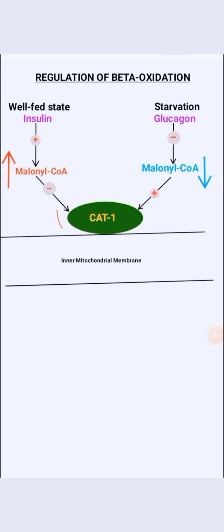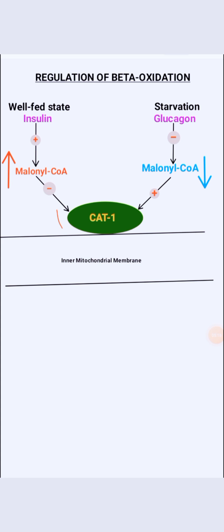So the body is made in such a way that when we are building fatty acids using malonyl-CoA, this same malonyl-CoA is going to inhibit carnitine acyltransferase 1. When we inhibit carnitine acyltransferase 1, we cannot make acylcarnitine, and therefore we cannot transport acyl-CoA into the mitochondria.